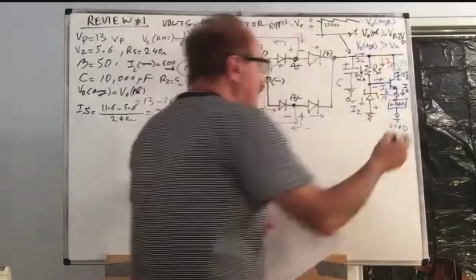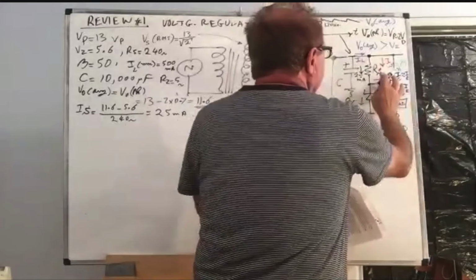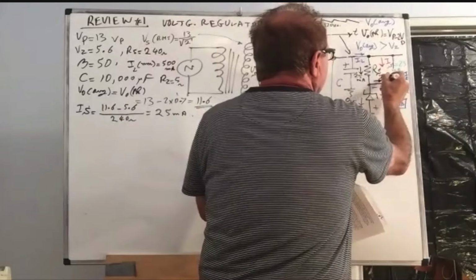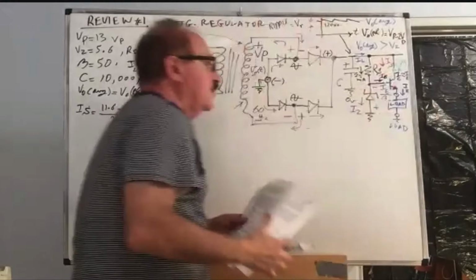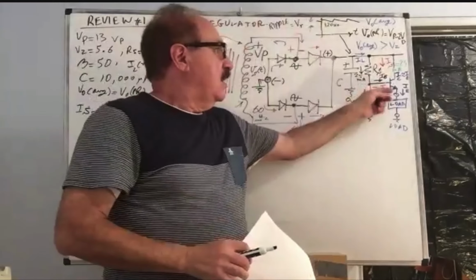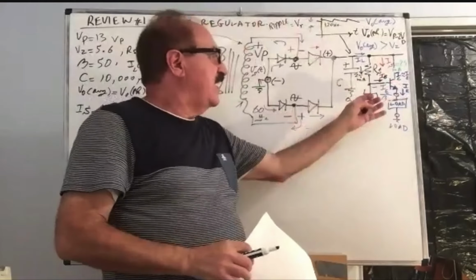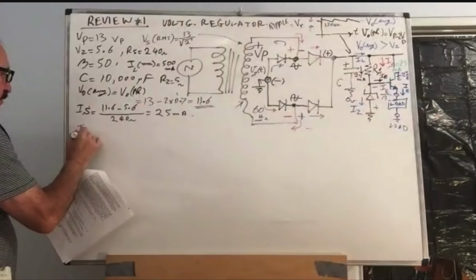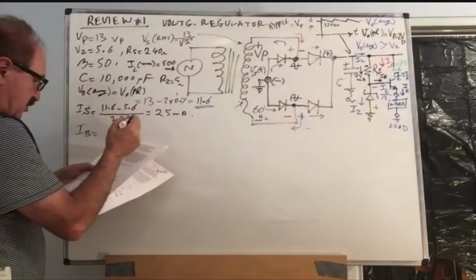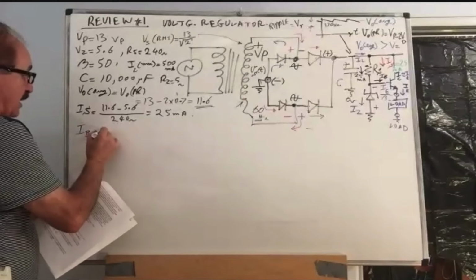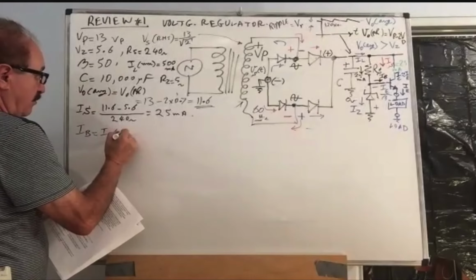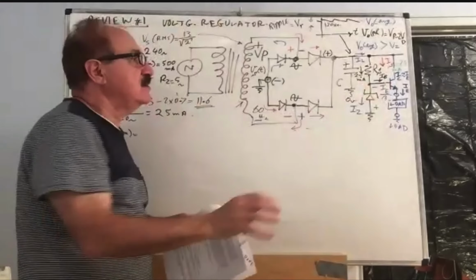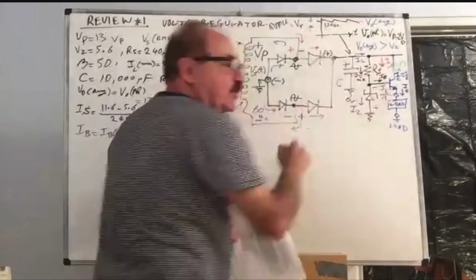So remember that you have a base current in here, IB, which is load current divided by the beta. So IB max, that's the maximum we are going to steal from that node, maximum current we can steal from there.